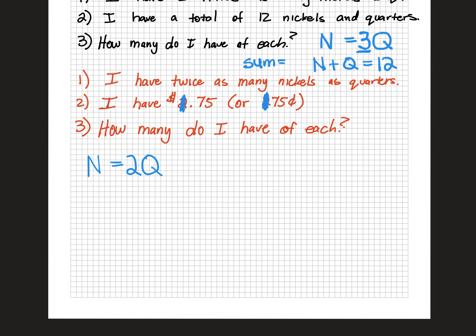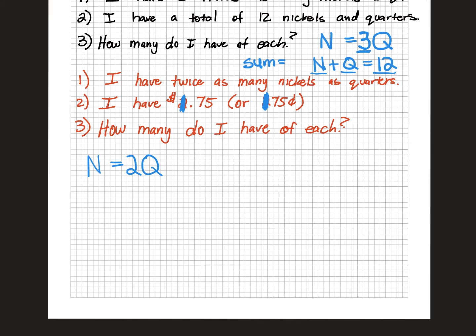Number 2 says I have $1.75 or 175 cents. This is a hard one. This is when you start having to multiply by the value of something. So in the first one, it said I had 12 coins, so if I added up the nickels and the quarters, I would get 12. But now we're talking about cents, so we have to multiply by the value of something.